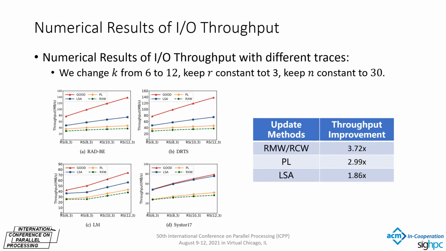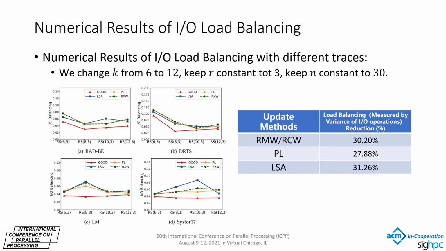GOOD can improve the throughput by 3.72 times, 2.99 times, 1.86 times. GOOD can reduce the variance of I/O operations by 30.20%, 27.88%, 31.26%.